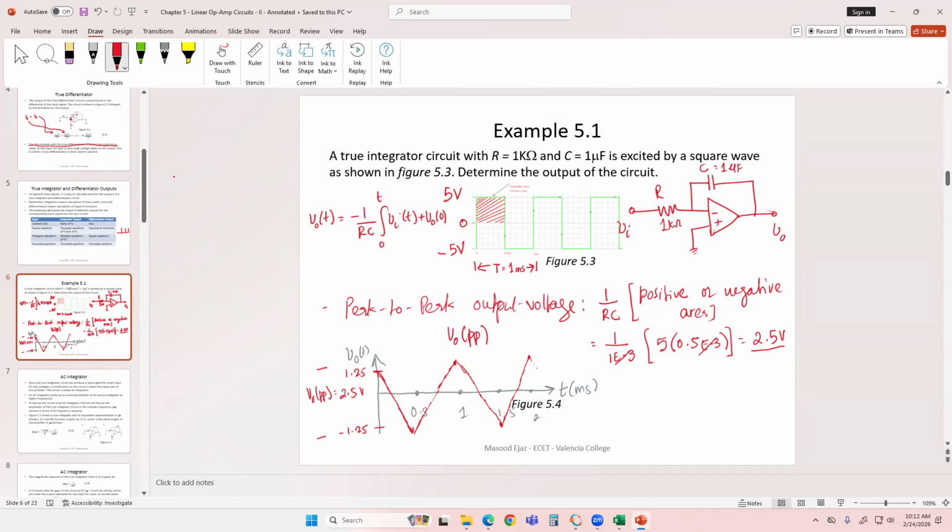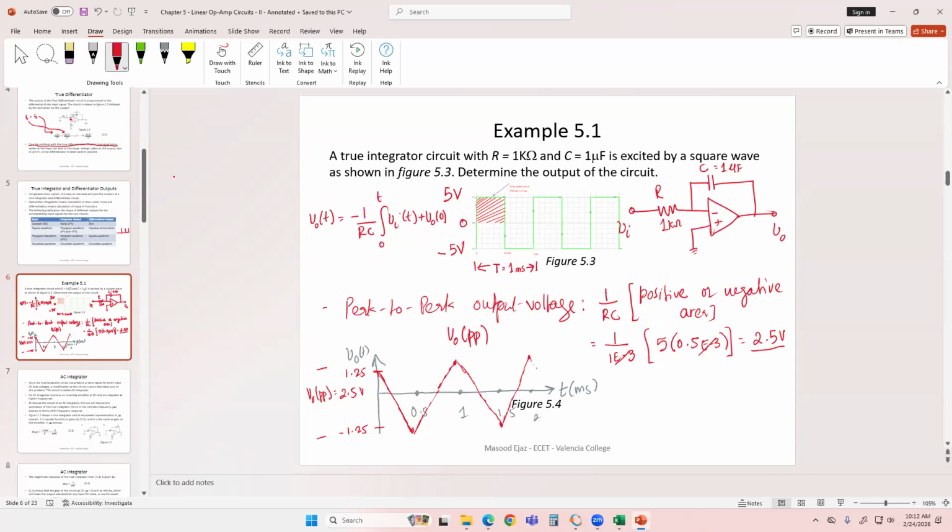So that's why each area is going to give you peak to peak value from the positive area as well as the negative area, not just the peak value. It's going to give you peak to peak value. You already know the shape of the output. That's the thing. You already know shape of the output is going to be a triangular waveform. All you're trying to figure out is what are my limits, right? So in half of the cycle, it is going from one peak to the other peak, and rest of the cycle is going from, because you have to complete one cycle.